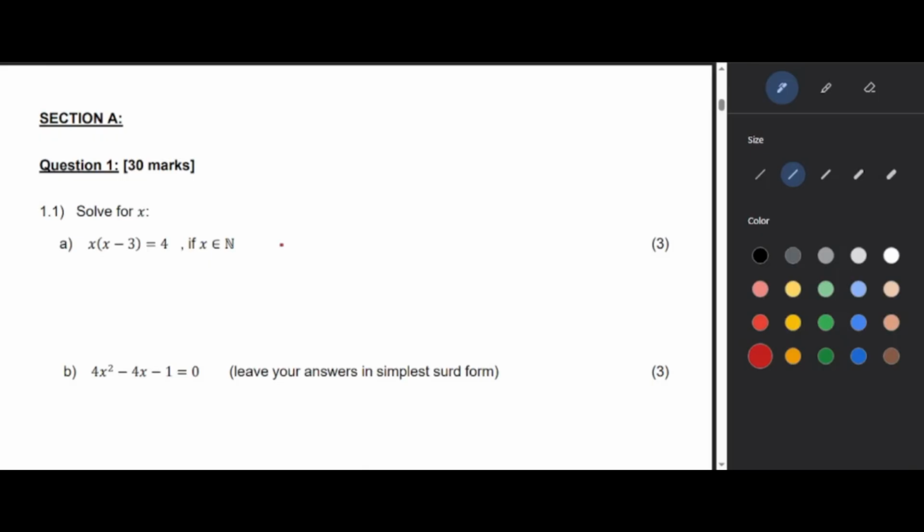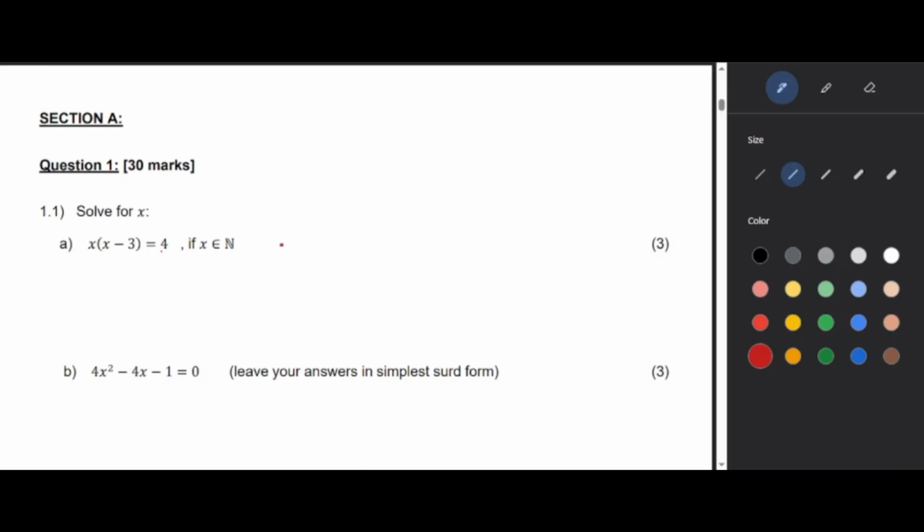We see that they already take out x as a common factor, but this is equated to 4. We can't use the zero product property. We can't say x is equal to 4 or that whatever we have inside the bracket, x minus 3, is equal to 4. So the best thing to do is multiply out the brackets.